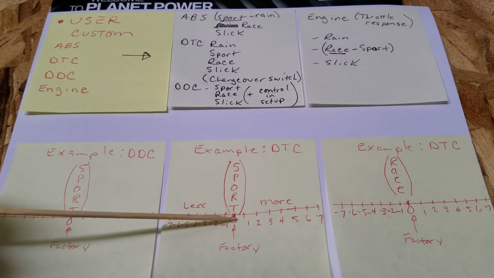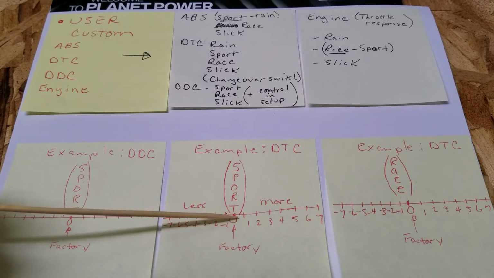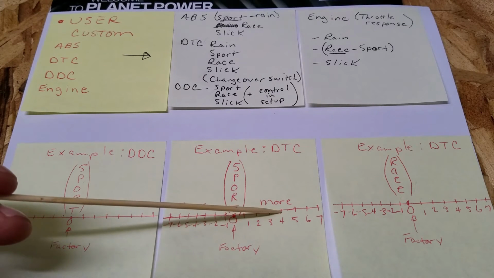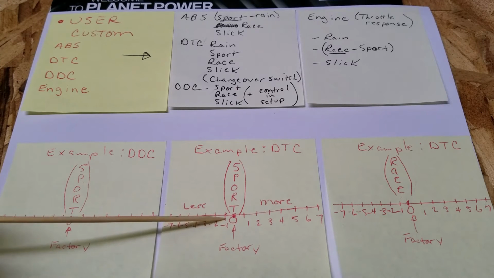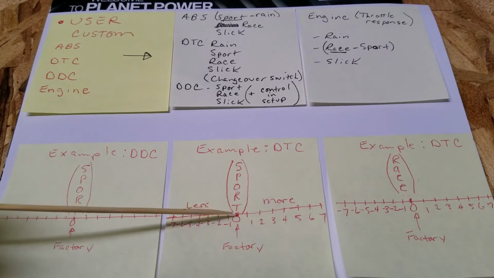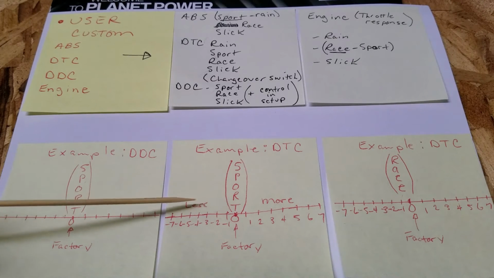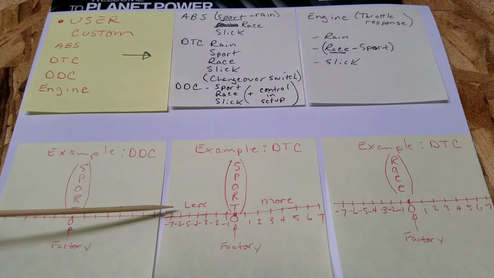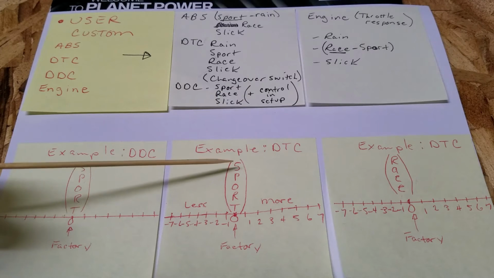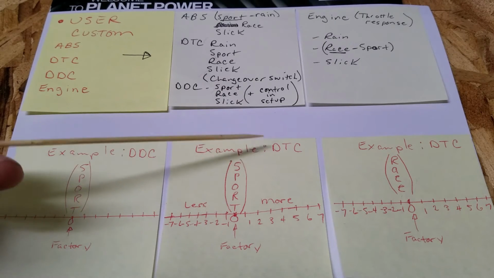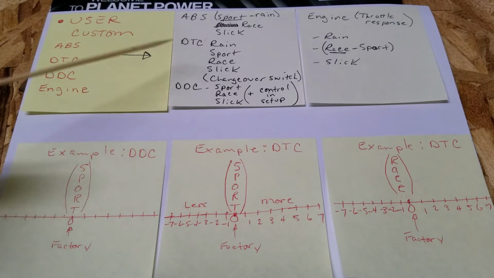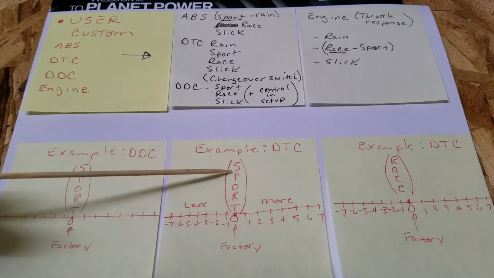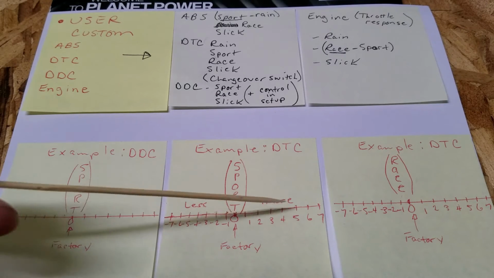If you choose to adjust that even farther, you can go positive up to +7 for more intervention and negative for less intervention. So that's just an example of how you can, say, in user mode select sport for traction control, but then still have even more controllability.